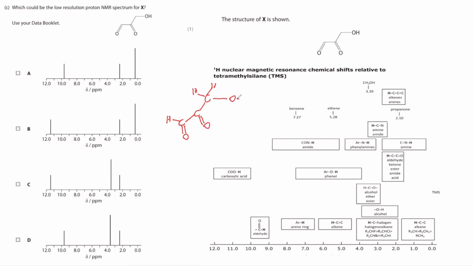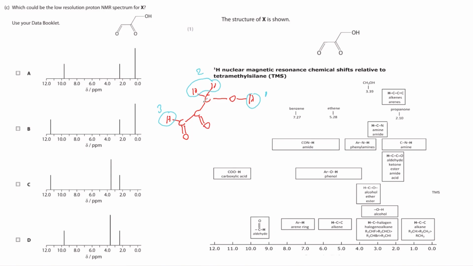And there's an OH group. So when you look at this one, I can see there are 1, 2, 3 environments of hydrogen. There are 3 types of hydrogen here. Hydrogen is in 3 different environments, 3 different places. Since these 2 hydrogens are in the same environment, that's why I just put them together. So that means in my graph, there has to be 3 peaks, because 3 different hydrogen means 3 peaks.